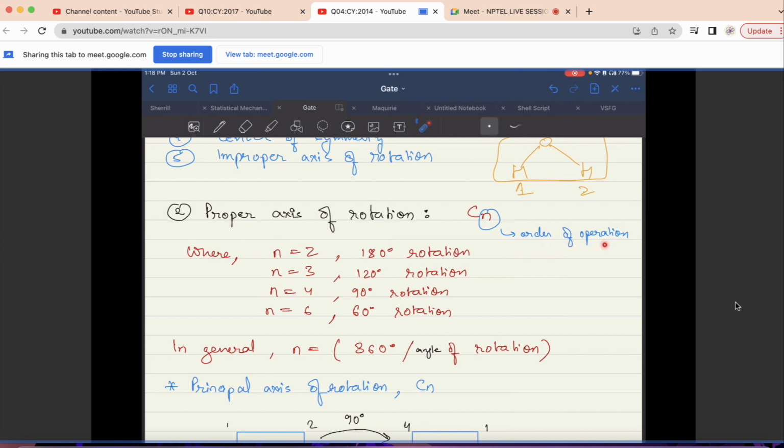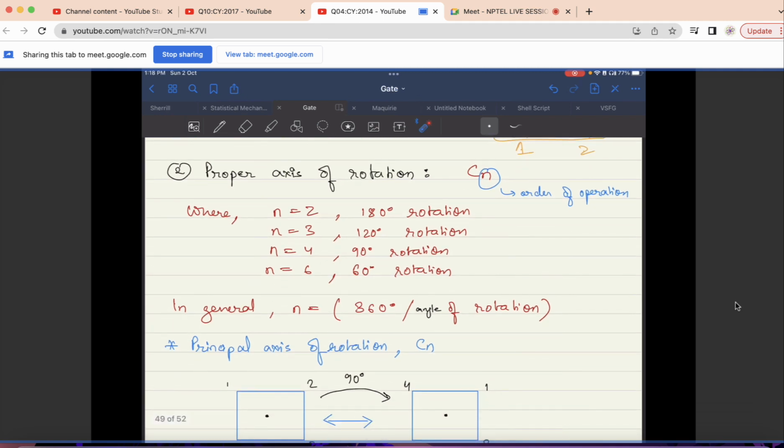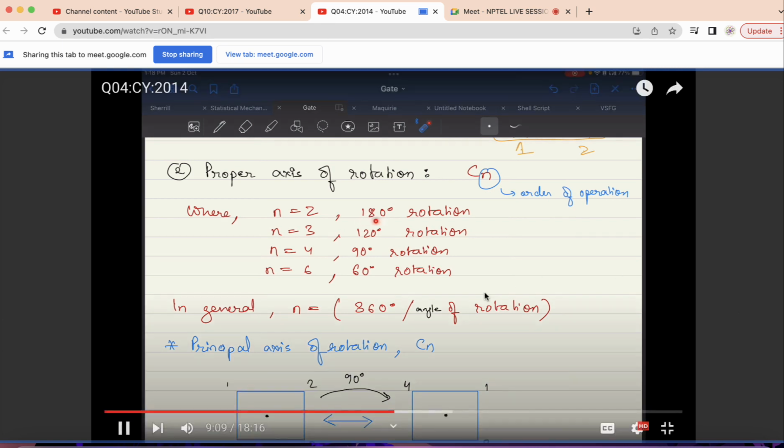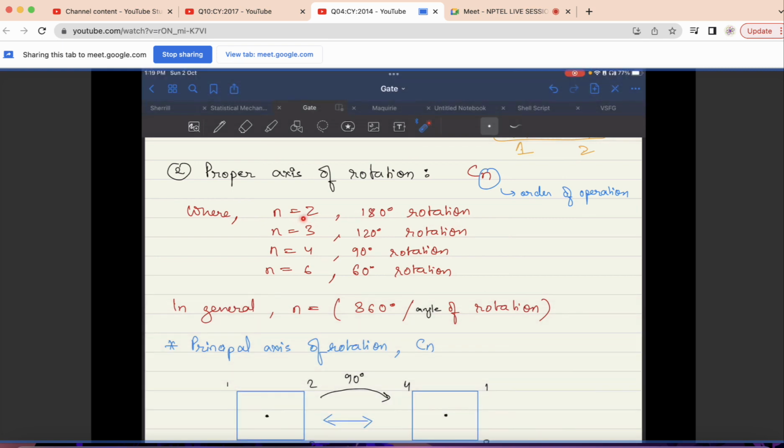The order of operation n can be 2, 3, 4, 6. If I am doing a 180-degree rotation of the molecule through an axis C, then n is equal to 2, so the order of the operation is 2.